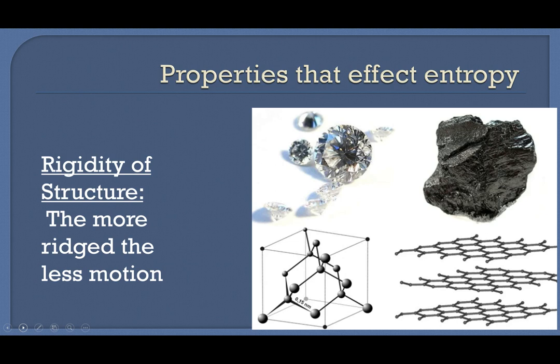The carbon atoms in a diamond come together in a very geometric shape with very strict angles that are held rigid in that structure, whereas graphite is a bunch of sheets of carbon that come together. And those sheets of carbon allow for more freedom or more movement between the sheets. So in this case, diamond is more rigid, and it's going to have a lower entropy, and graphite is less rigid, a higher entropy.